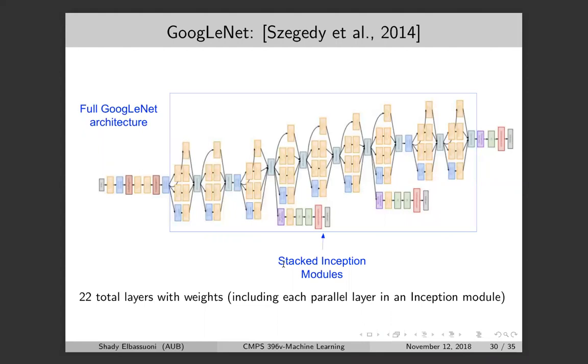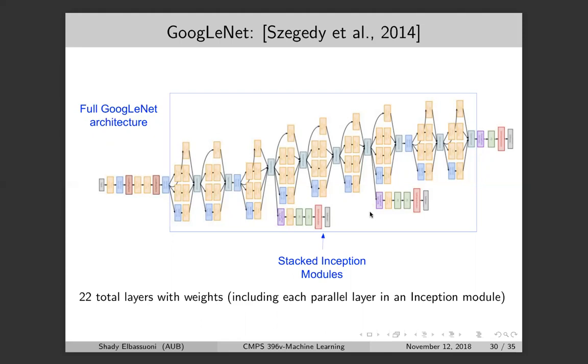They had 22 total layers with weights, including each parallel layer in an inception module. This is the full GoogLeNet architecture. You can also download the architecture and the weights, as I told you, and use it in your project.